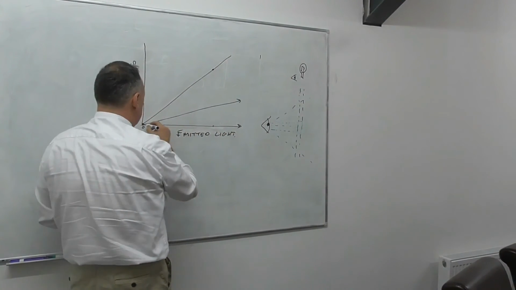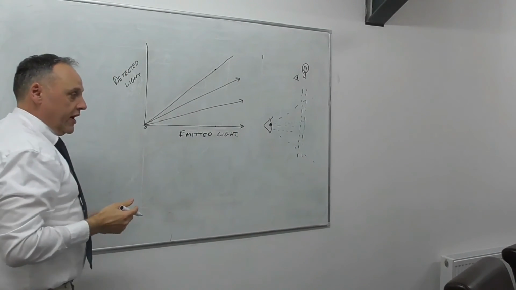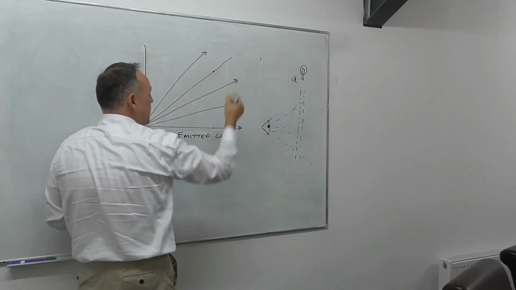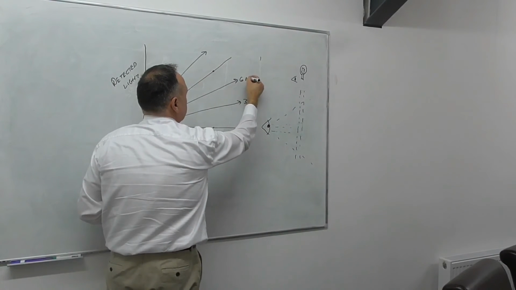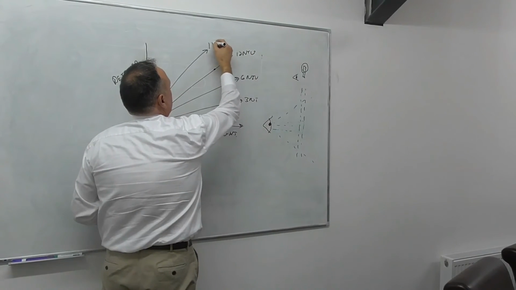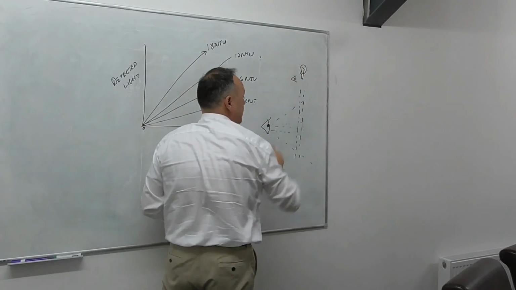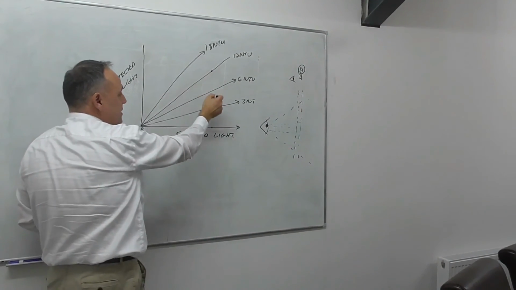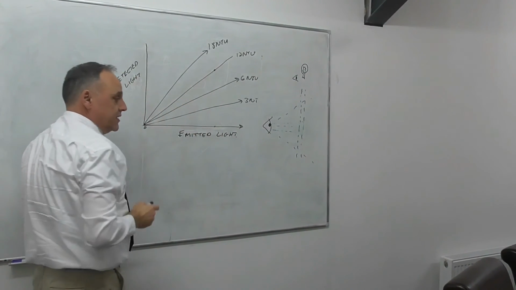If I double the turbidity again, I have another line on the graph. So each of these lines on the graph represent a different turbidity. So that might be 3 NTU, that might be 6 NTU, that might be 12 NTU. You can see where I'm going, that might be 18 NTU. And that is by measuring and changing the amount of light. So the amount of turbidity here is the gradient of these lines.